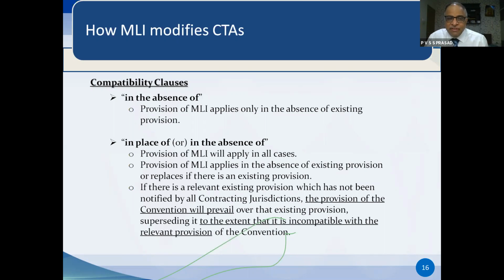With respect to these articles, if the treaty partners have by mistake not notified something which really needs to be modified, even in such situations, articles which have this compatibility clause language of "in place of or in absence of" would apply and modify the text of the existing treaty provisions to the extent such text is incompatible with the article which is part of the MLI.